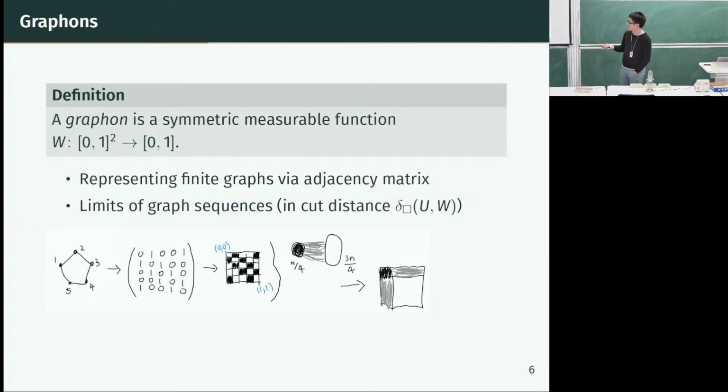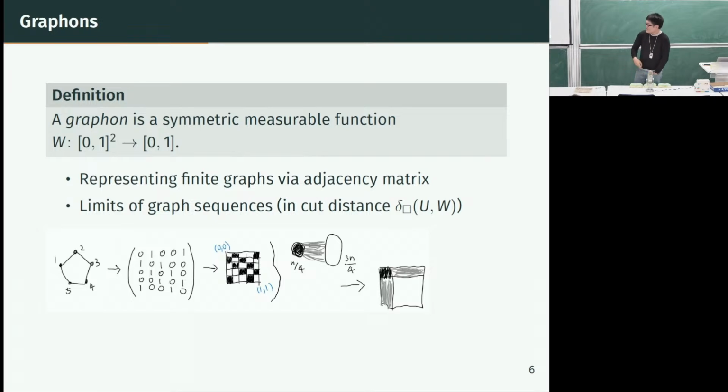I'll write down its adjacency matrix, which is an array, and put it on the unit square, choosing a slightly weird orientation of the origin, with the origin being here and (1,1) being here. Then I will cut it up into this 5 by 5 grid of little squares, and we will see a 1, represented by a black square, and a 0, represented by a white square.